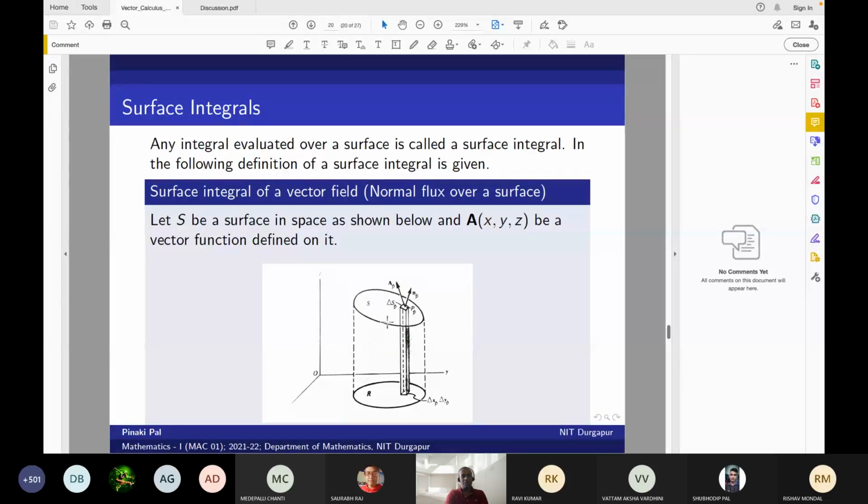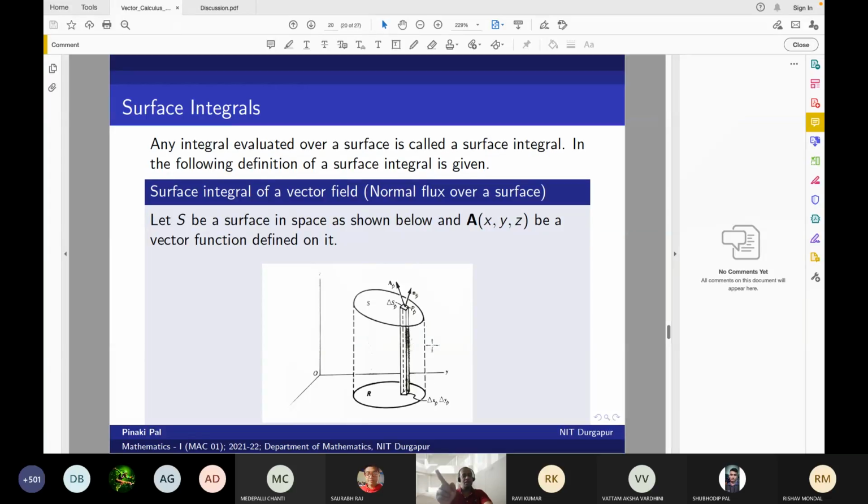So if this surface is unbounded, then in an unbounded region, at this moment we are not defining the integral. In that case we have to consider improper integrals. So at this moment we are considering integration in a bounded region.